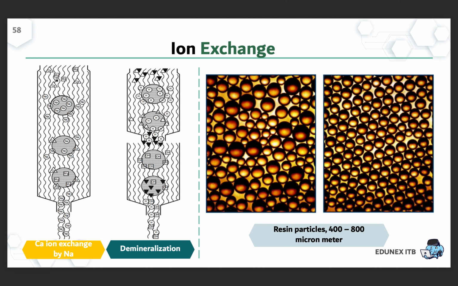Basically all cations can be exchanged by a cation exchange resin, so both calcium and magnesium can be exchanged by sodium. Now all the calcium and magnesium is bound to the resin, and the sodium is released to the feed. Now in the feed we have sodium ions.